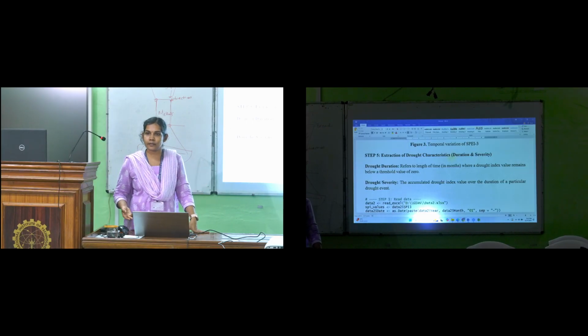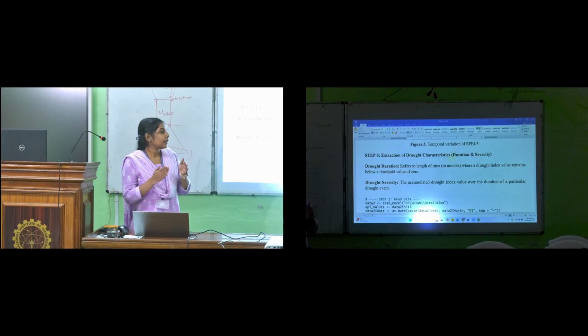So what is the severity of a drought event? Sir already explained in the last class, yesterday's class. What is severity? It is the cumulative negative SPI values, because in the SPI time series, a value less than 0 represents a drought event and greater than 0 represents a wet event.